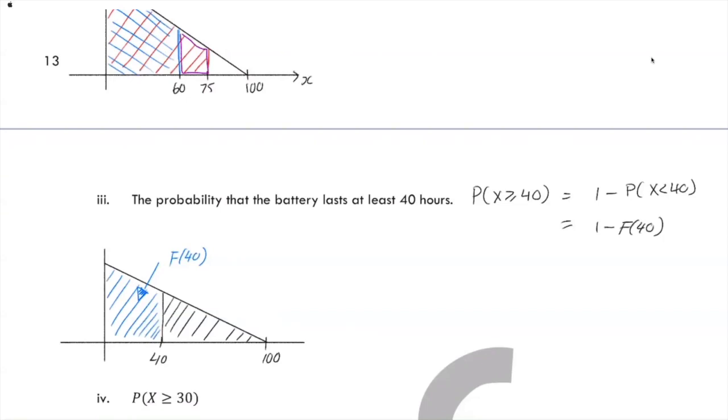You can see how I'm writing it as well. This is just another way. Probability x is greater than or equal to 40 is equal to 1 minus the probability that it's less than, and the probability that it's less than is the definition of a CDF.